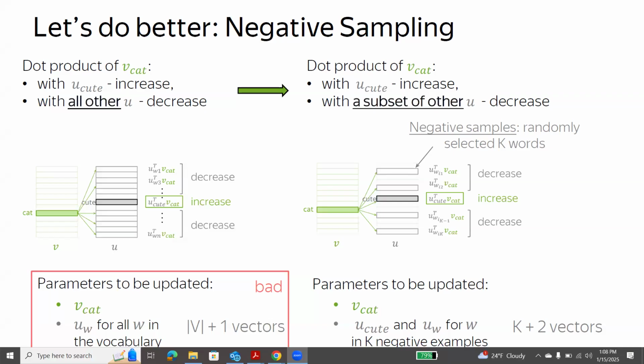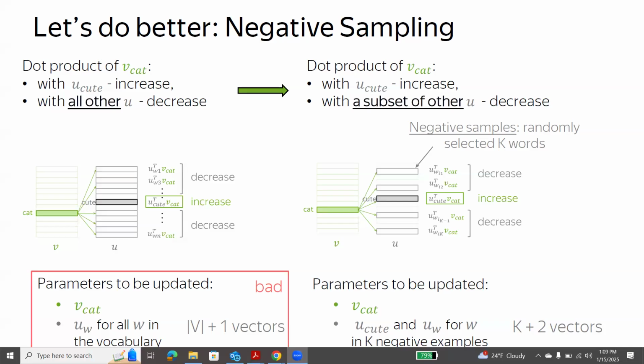I didn't mention that these K words are sampled randomly, according to the frequency of the words in our dictionary, but they are sampled from this probability distribution randomly.